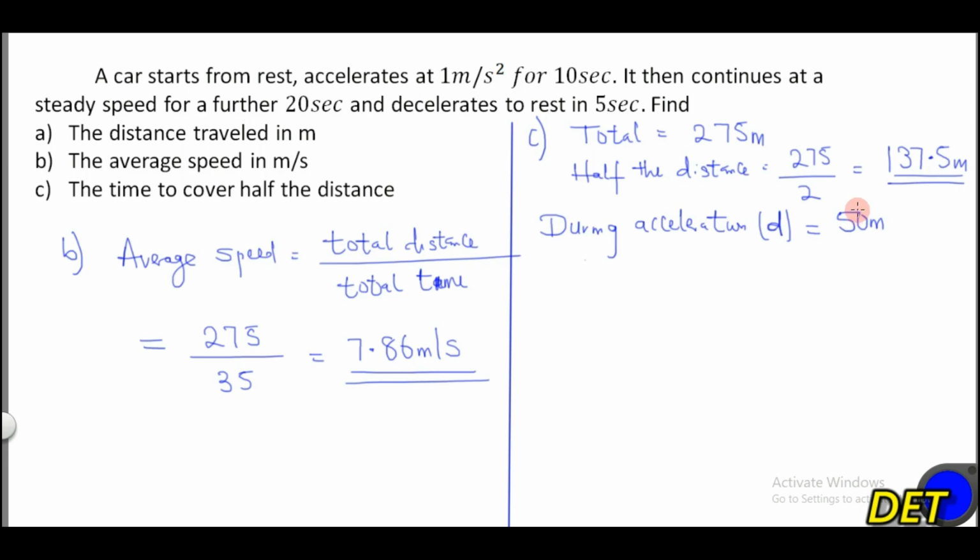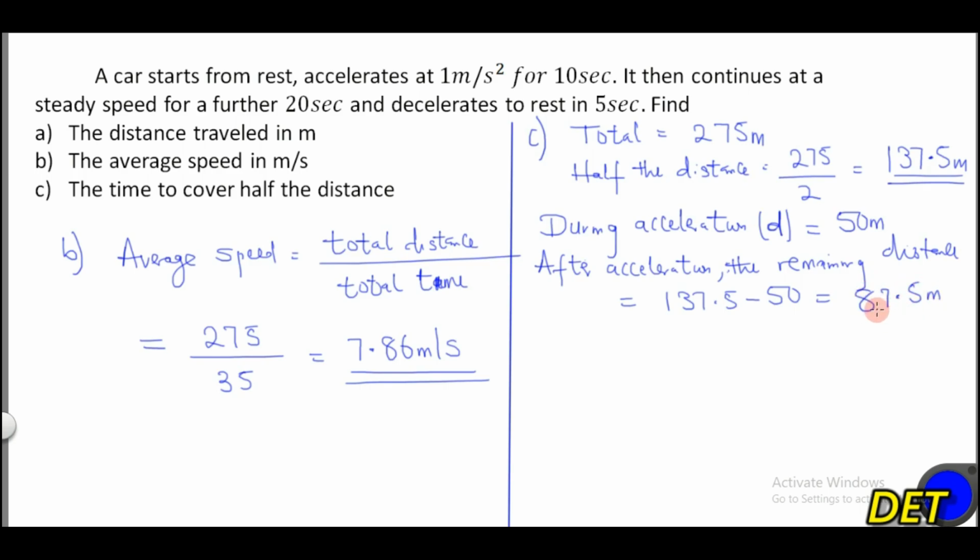Then after acceleration, the remaining distance, since half the distance is 137.5, and during acceleration a distance of 50 meters was covered, the remaining distance will be equal to 137.5 minus 50, and that will give us 87.5 meters. So this is the remaining distance, right?